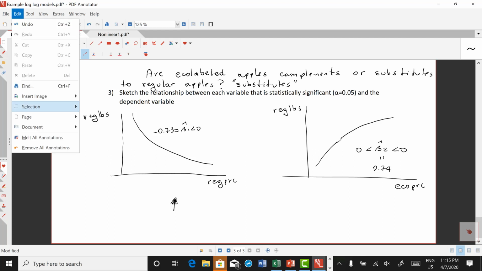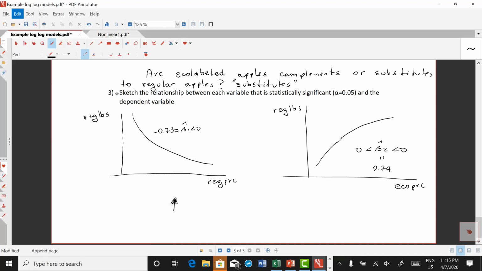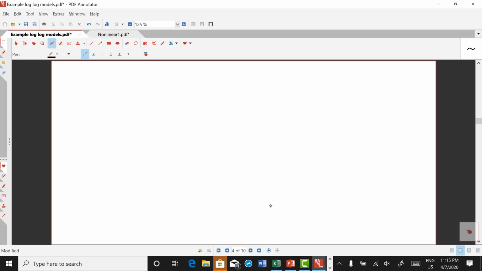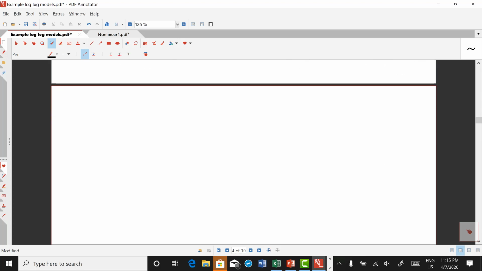So the last thing that I want us to do today is to calculate the predictions. Okay, I didn't have it here. So actually this is the last part of the example.